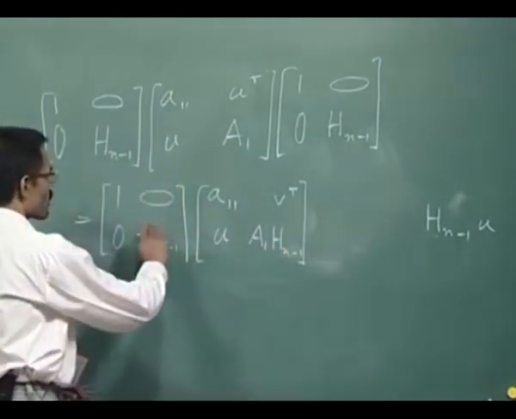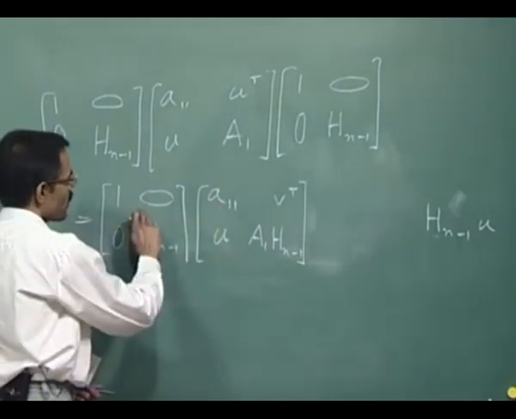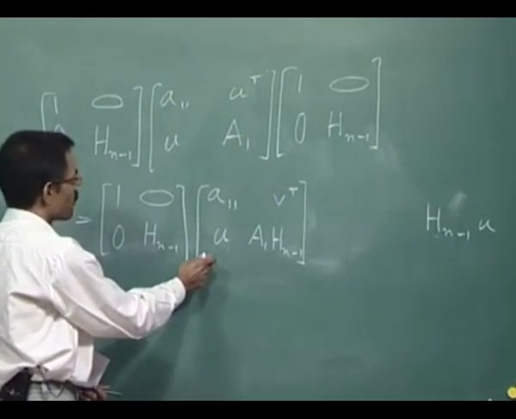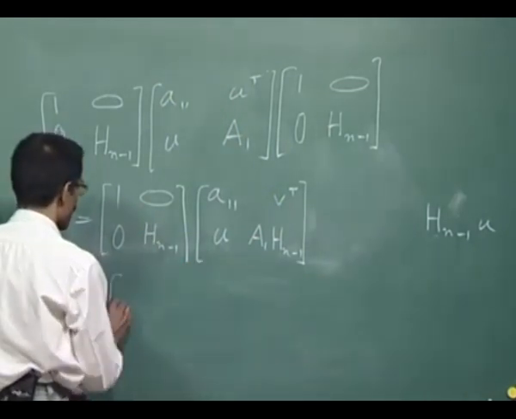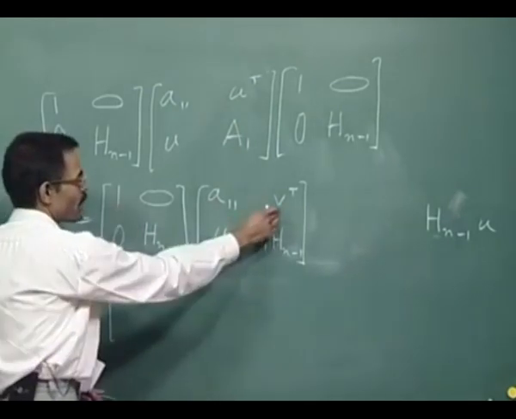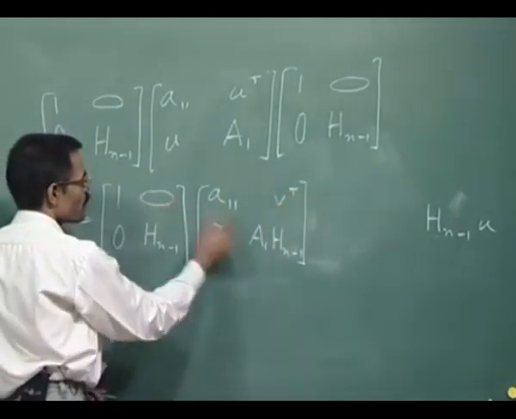Finally, this multiplication, 1 into A11 scalar plus 0 row into U column, that is 0. So, you get A11. Next, 1 into V transpose, row vector V transpose plus 0 into whatever.